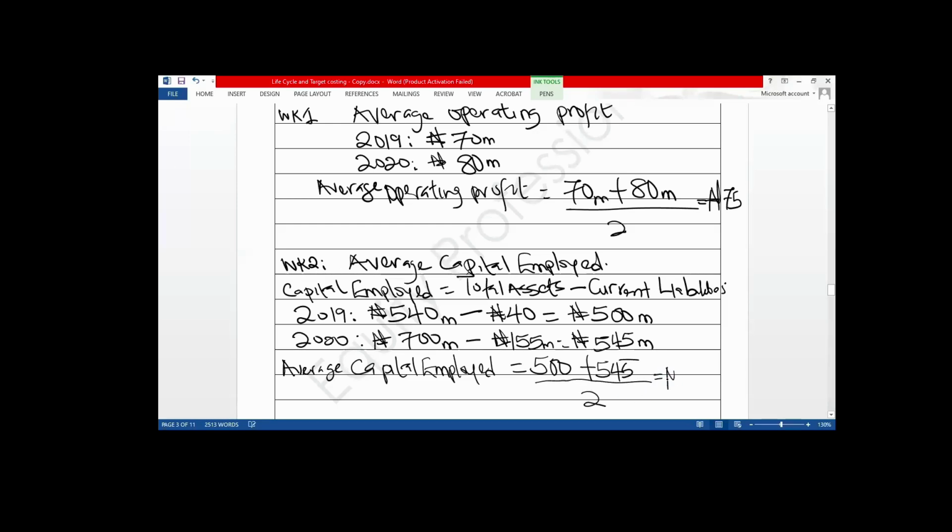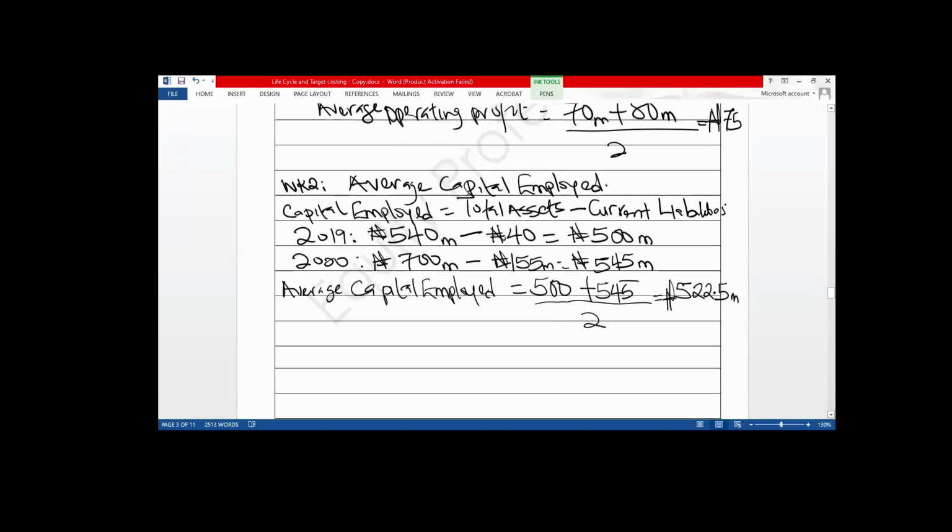What is the average value, please? Please reconfirm this. 422.5.